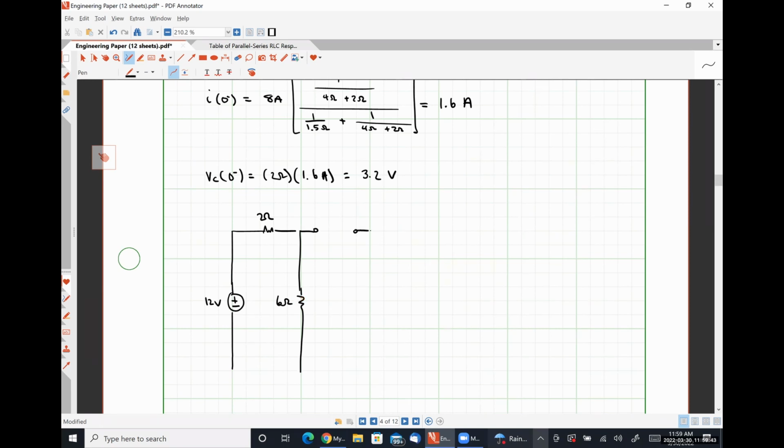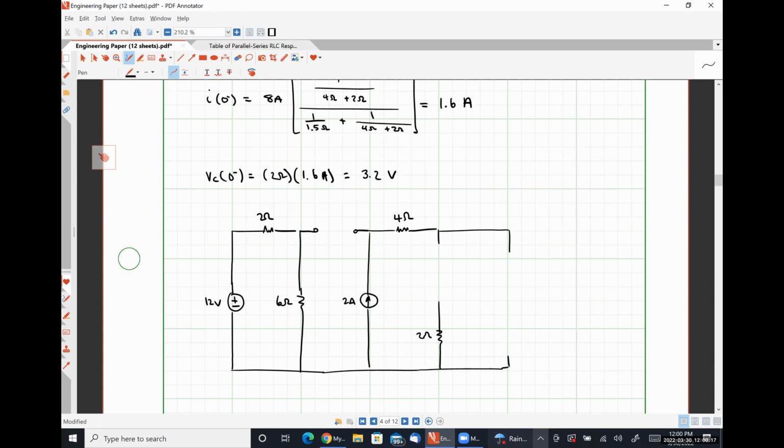Our switch is opened up. We have our 2-amp source, a 4-ohm resistor, an inductor that's doing something. We'll figure that out in a moment. And a capacitor over here that's doing something as well.